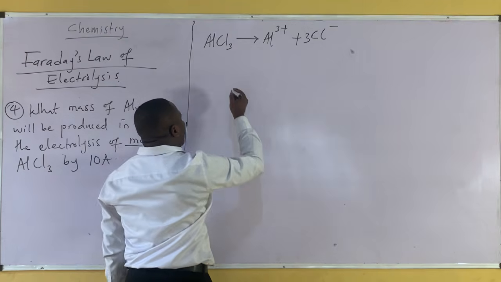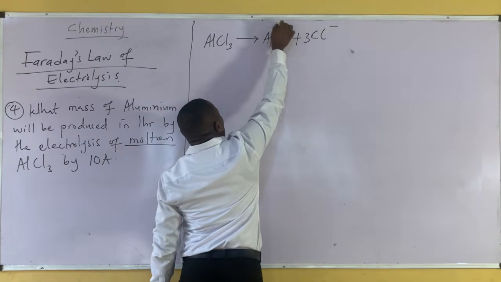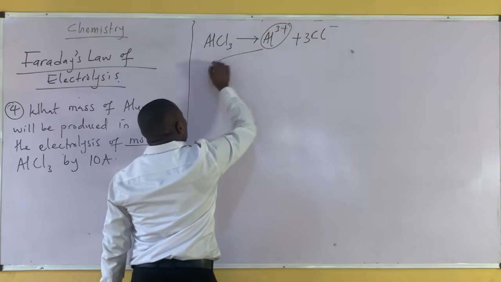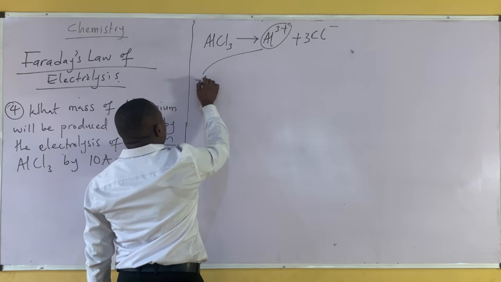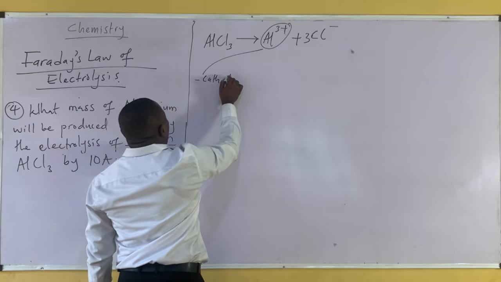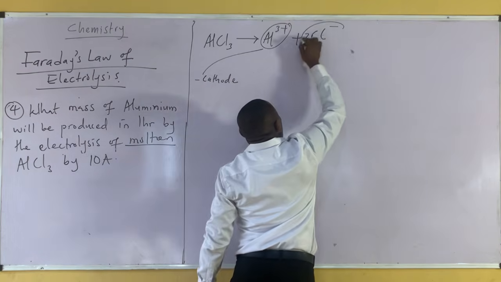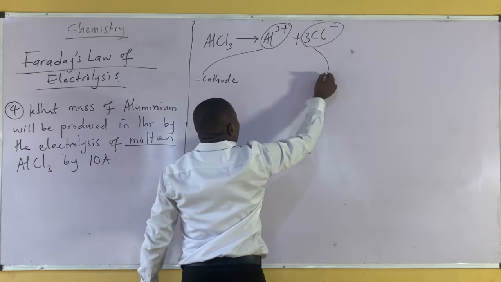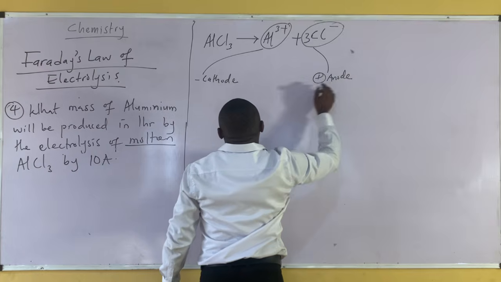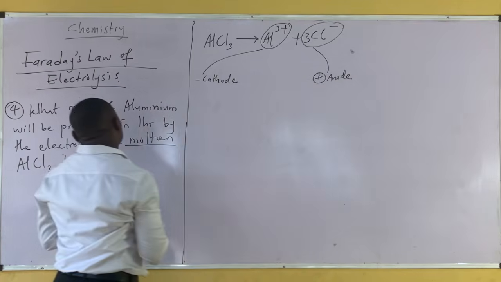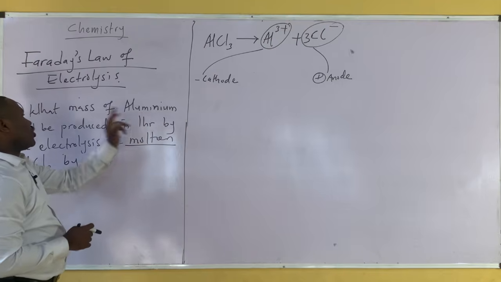Now this will go to the negative electrode, which is the cathode, while this will go to the positive electrode, which is the anode. But the question is asking what mass of aluminium will be produced.